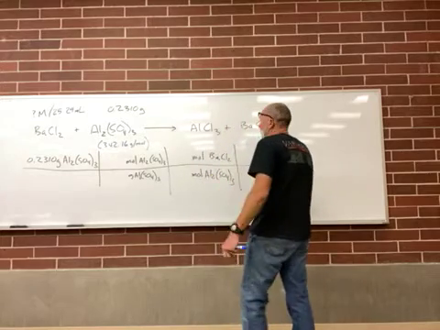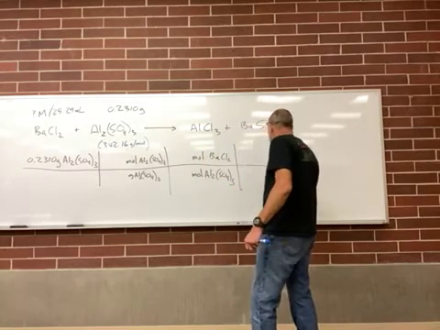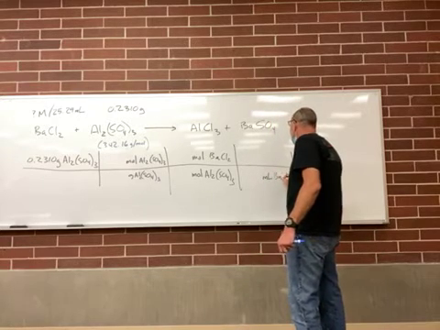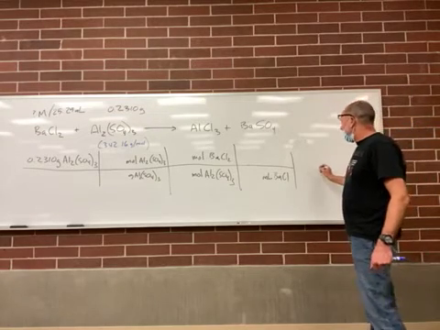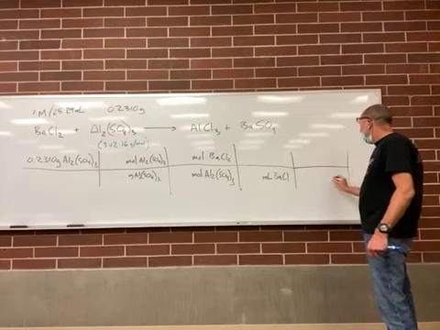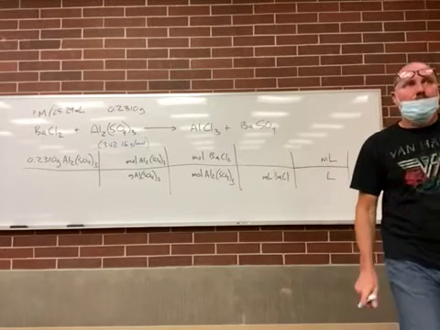Well, I'm going to go milliliters of barium chloride down here, which means that over here it's moles per liter, so I'm going to have liter per milliliter.